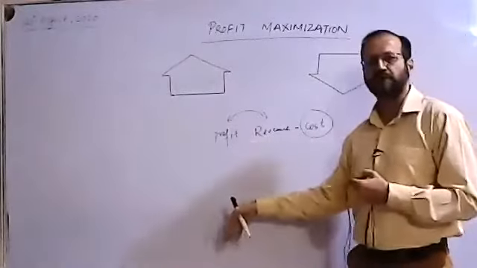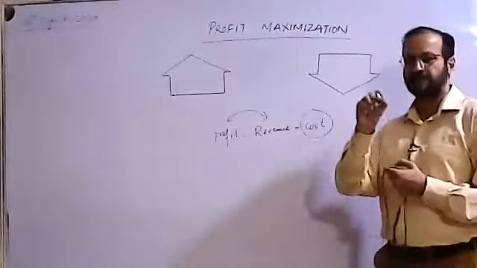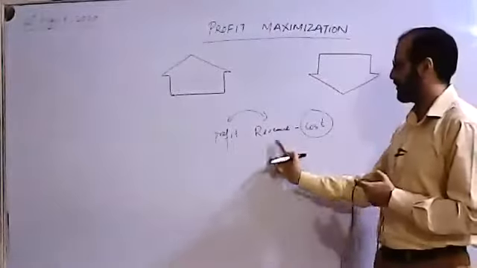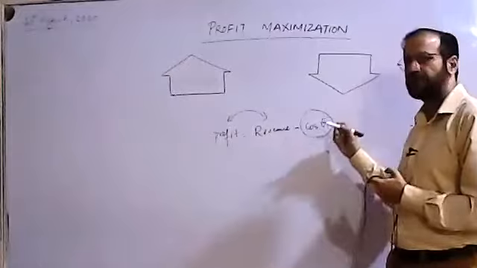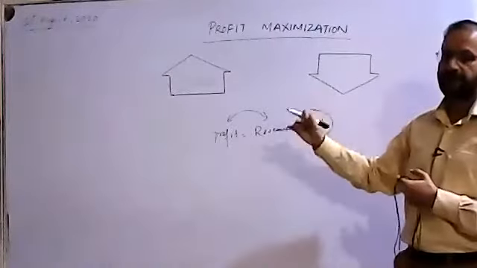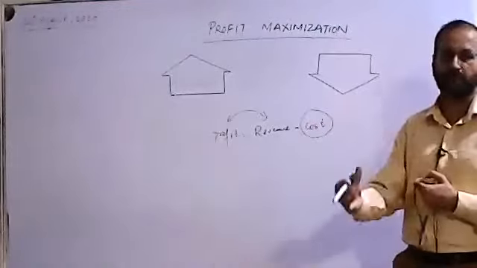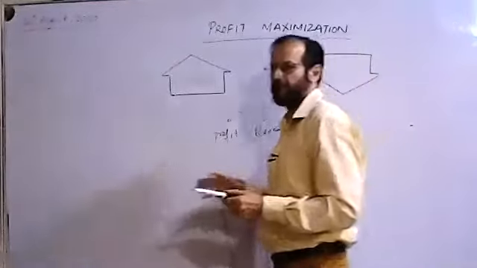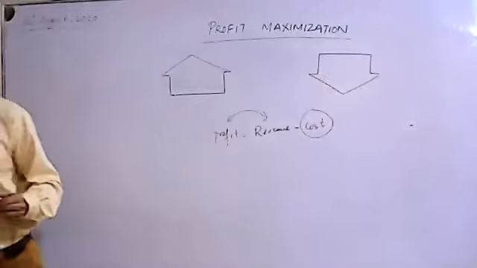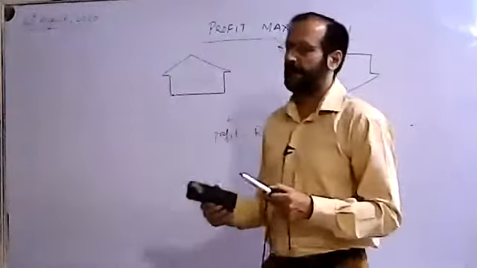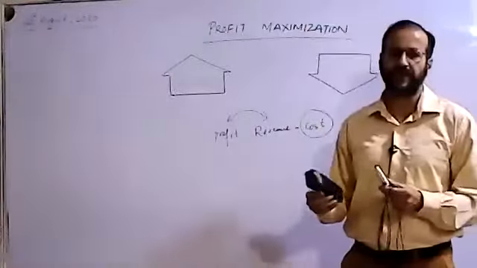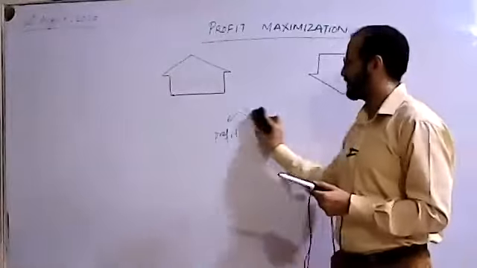In one column you have the output, and against that output you compare the revenue and cost. Whichever result is higher, that is the output giving the maximum profit. That is one of the questions asked by some students while they were attempting it. I hope it has answered your question.